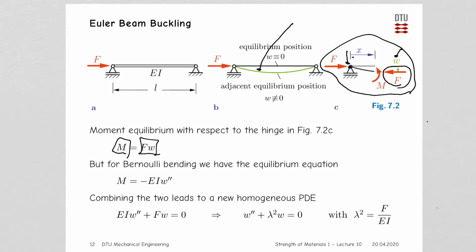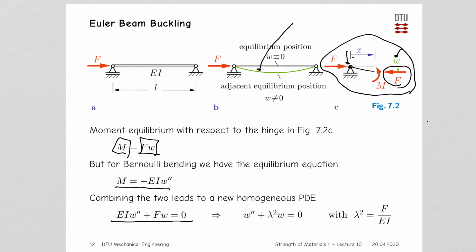So we know some things about moments from our bending theory that we have covered the past weeks. We know that the moment can be expressed by minus EI, the bending stiffness, multiplied by the second derivative of our deflection shape. Now we insert that into the equation above, and we get a homogeneous differential equation.